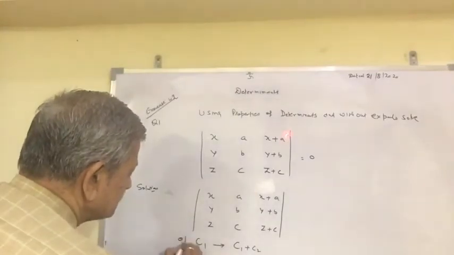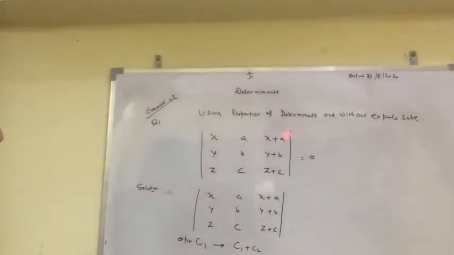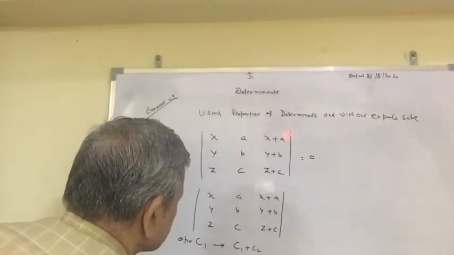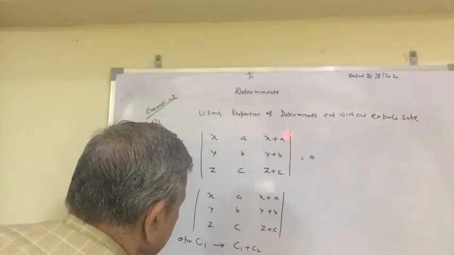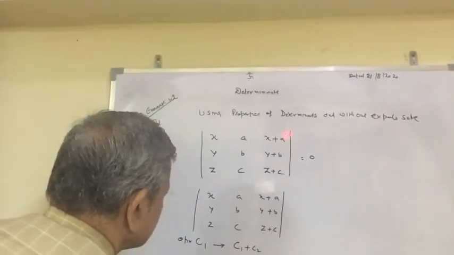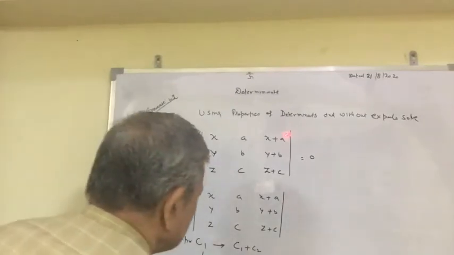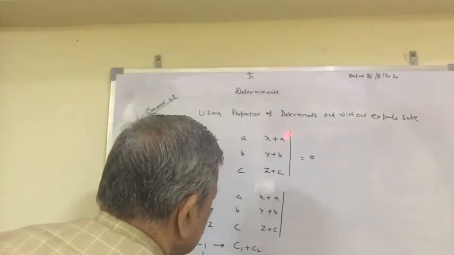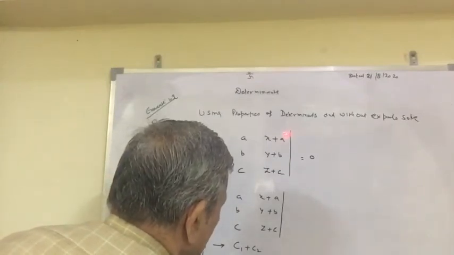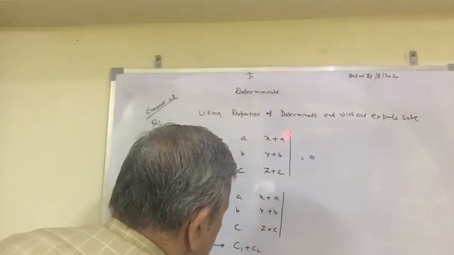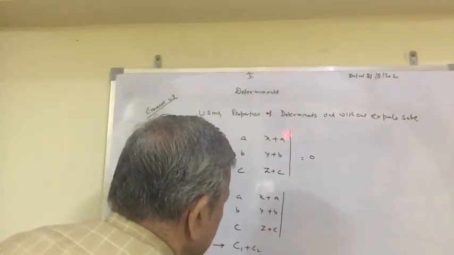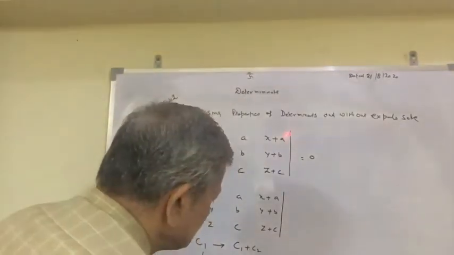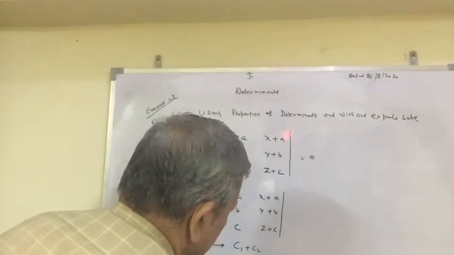C1 goes to C1 plus C2, so your value goes to x plus A, y plus B, and z plus C. This is your C1 operation, and your C2 will be as it is. You get a similar kind of value.